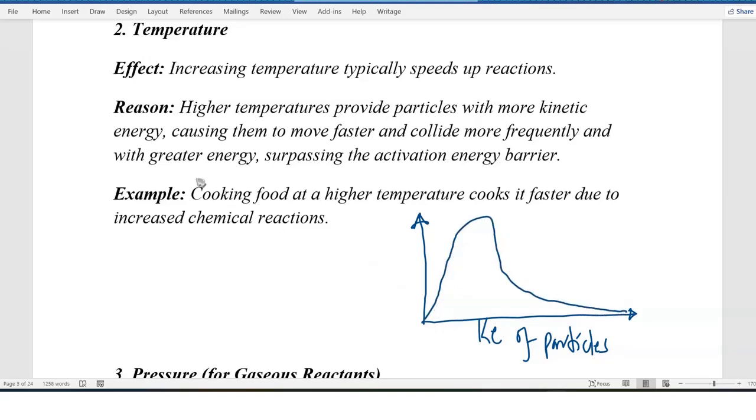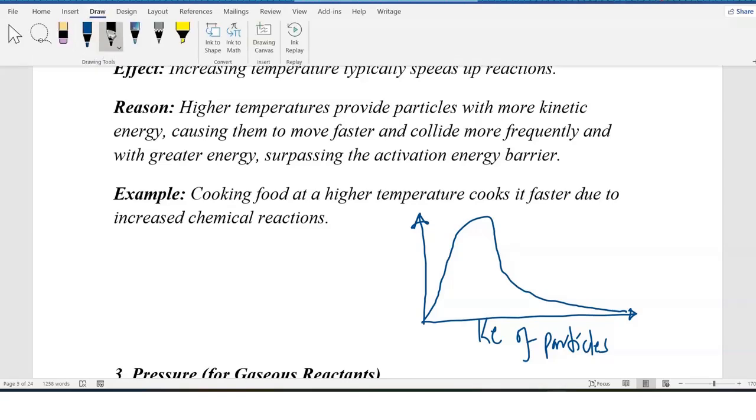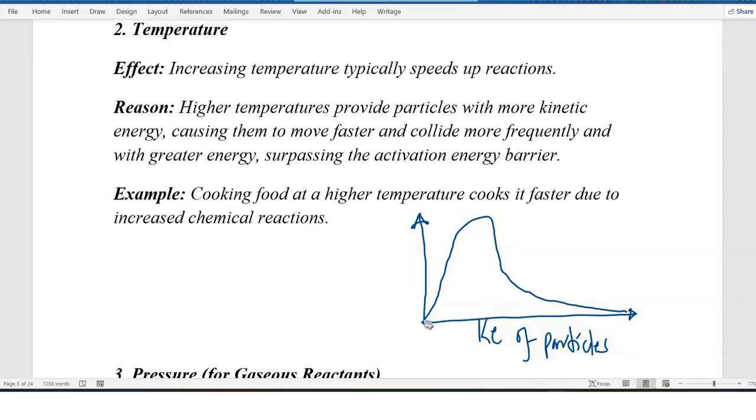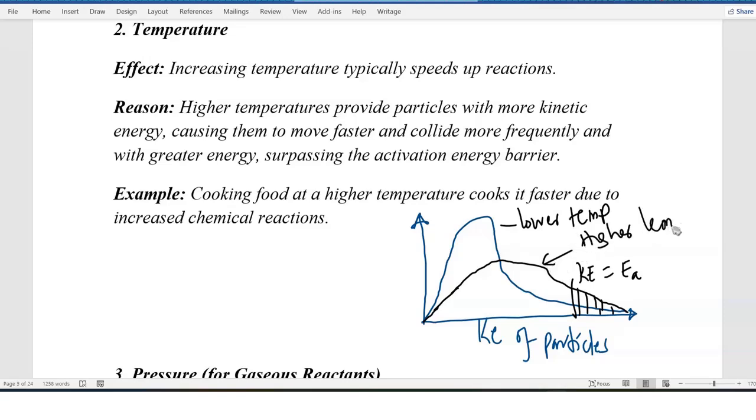But when you increase the temperature, then you'll have something like this. This marks a particular kinetic energy that is equal to the activation energy.